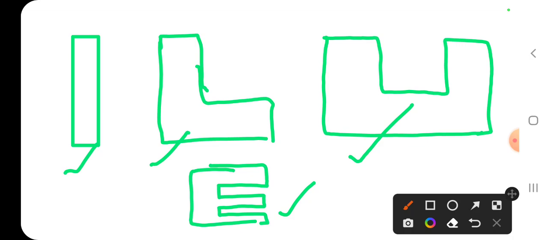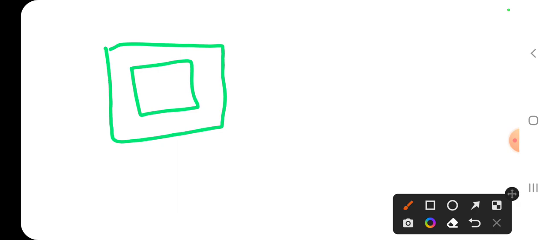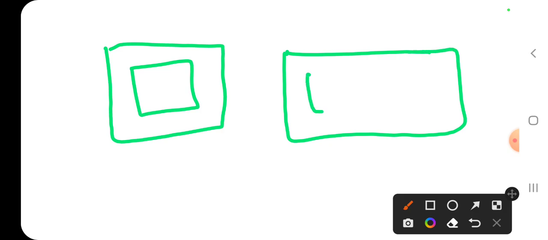And to construct the core, we have two types of facility. You can construct the transformer core like this, or you can also construct the transformer core like this.